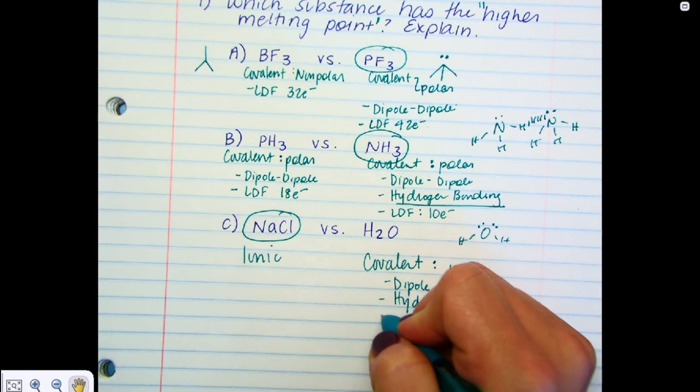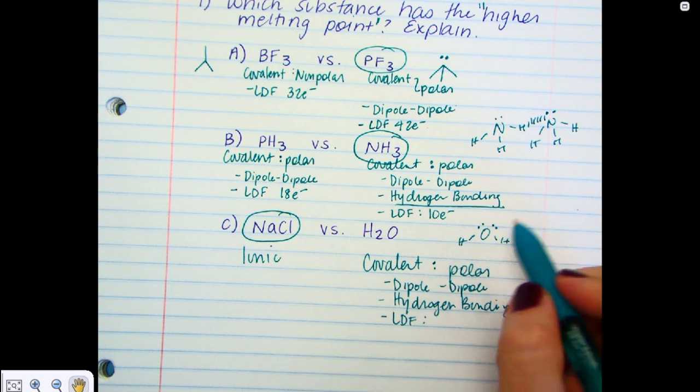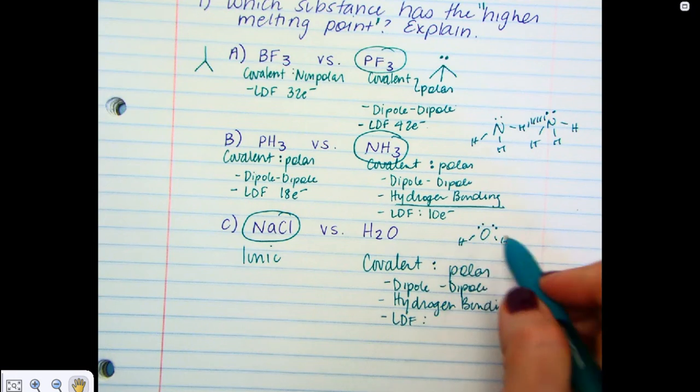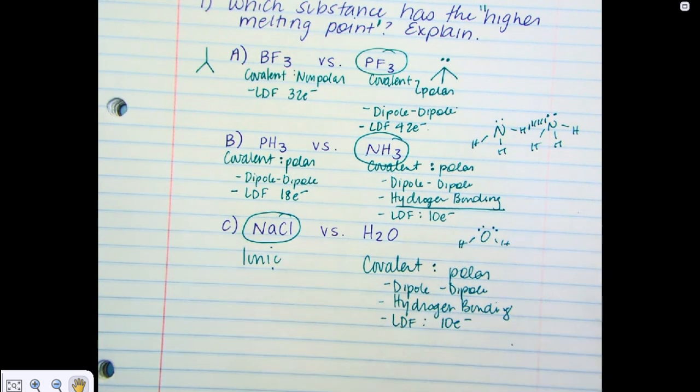And I know that it's going to have London dispersion force. Let's see how many electrons. So 8 plus 2, 10. Okay, so I know we have all these forces, but it doesn't matter because sodium chloride is ionic, and ionic is going to be stronger than covalent any day of the week.